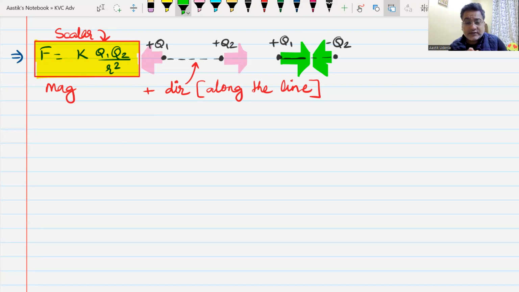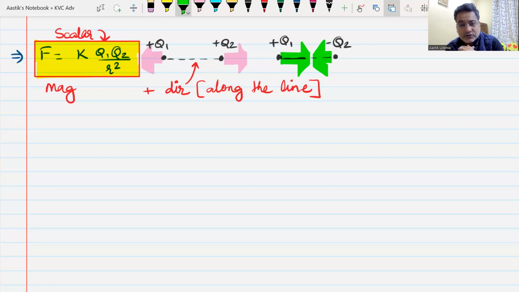It is always along the line joining the two charges. If the charges are like, the force would be repulsive. If the charges are unlike, the force would be attractive. Do we understand this, everyone? Yes, sir. This is the scalar formula of force. You get the magnitude from the formula, it has to be always positive. Then you get direction using the line joining the two charges.